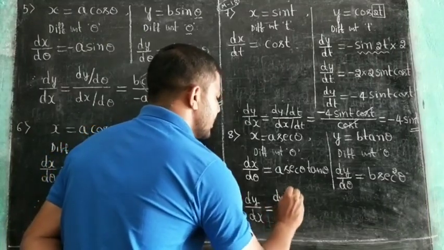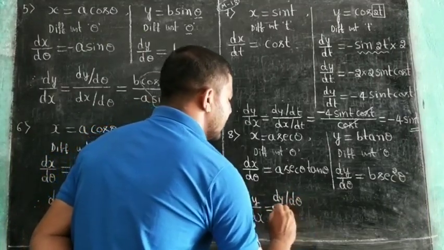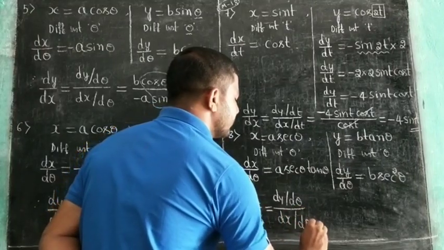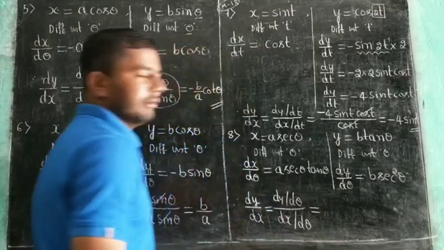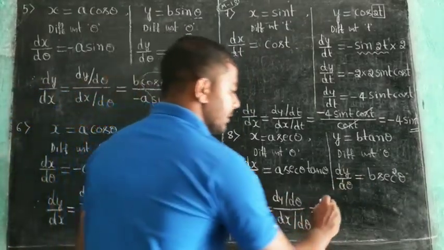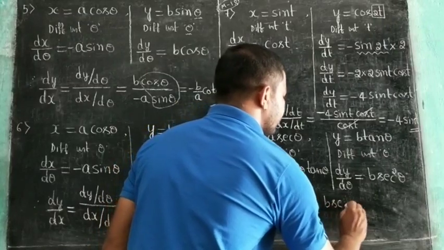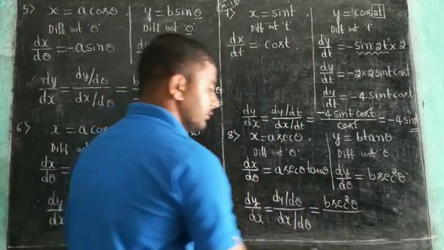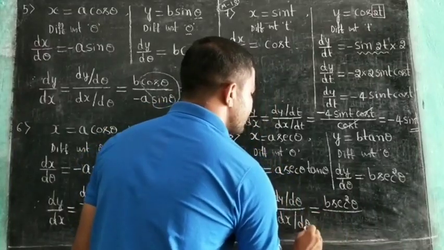formula is dy divided by d theta whole divided by dx divided by d theta. That value is equal to dy by d theta is nothing but b secant square theta whole divided by dx by d theta.